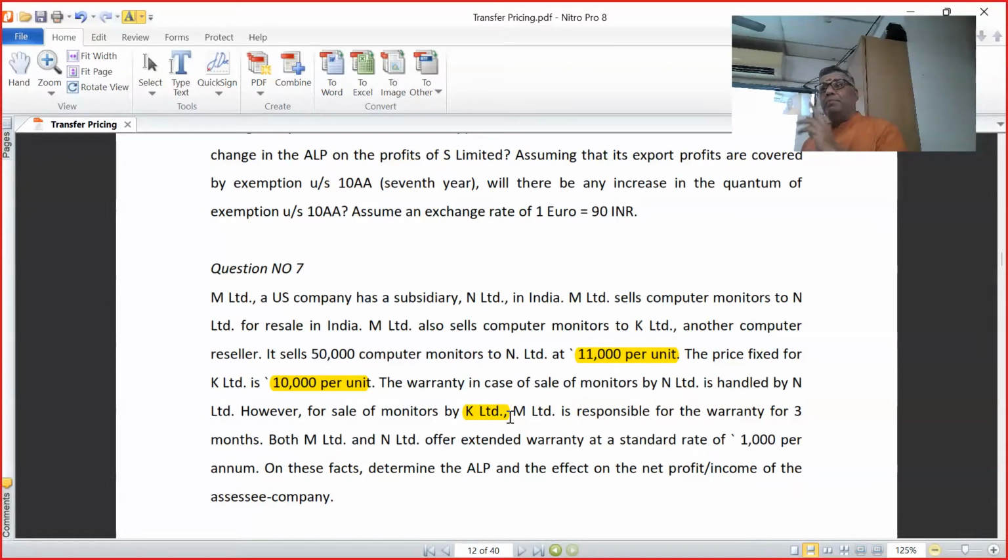N Limited imports it for 11,000, and N Limited has to bear the warranty cost also. In the case of K Limited, M Limited, that is the exporter or the foreign party, bears the warranty cost. Whereas in the case of N Limited, it has to bear the warranty cost, which makes it all the more difficult.